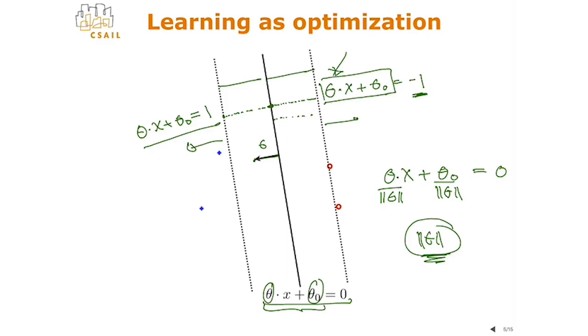So now when we select the parameters theta and theta naught, it defines the orientation of the decision boundary as well as where the margin boundaries are drawn. So now we have parameterized this large margin decision boundary, and we can now turn to defining what the resulting optimization problem would be.